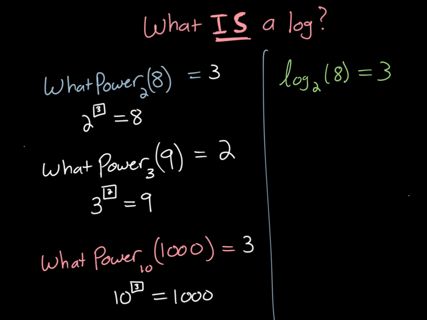It's 3, because all it is is a what power. What power of 3 is 9? It's log base 3 of 9, and the answer is 2. Same as the what power problem. What power of 10 is 1,000? We can write it as log base 10 of 1,000 is 3.